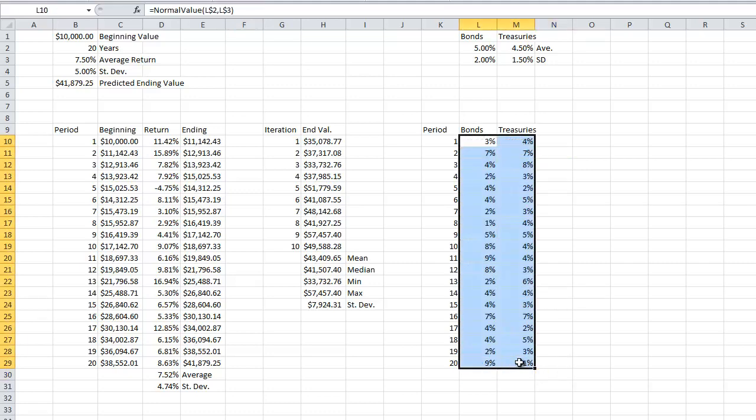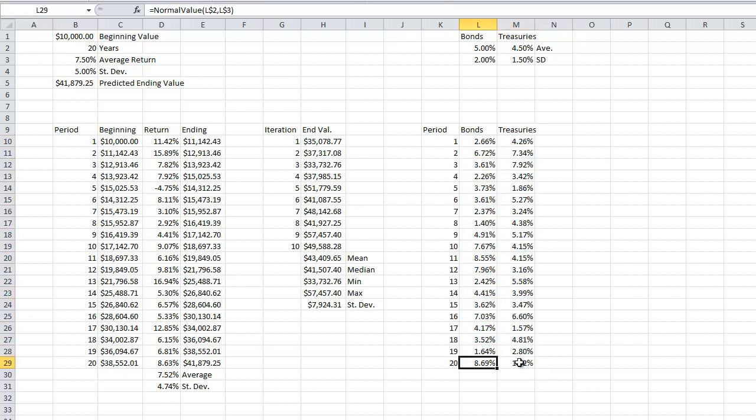Format it. And then down here, just prove to ourselves that we're comfortable with what we did. So let's calculate real quickly the average. And the standard deviation. And you can see we're a little bit off, but we're in the ballpark.